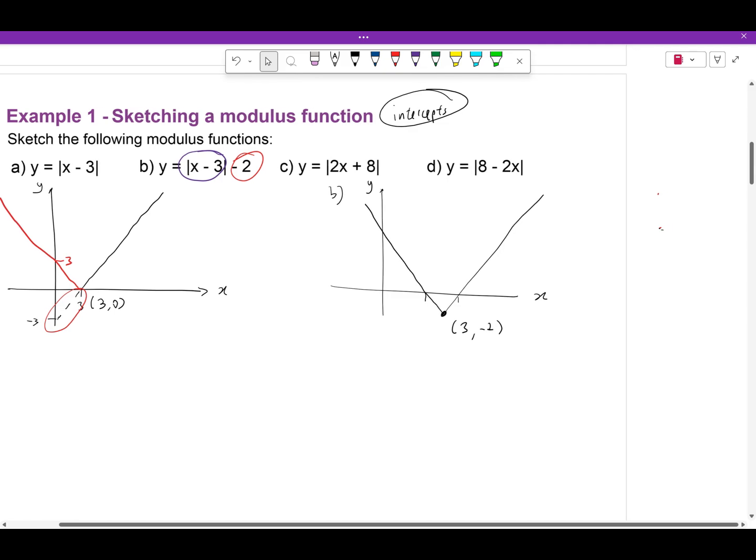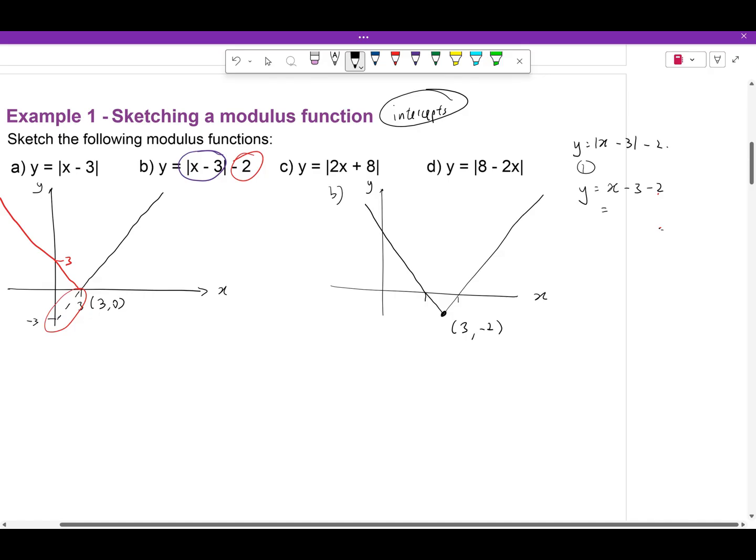Then how am I supposed to find the other point? I have to do a bit more working. So y equals absolute x minus 3 minus 2. This part is the most confusing, but let's do it. We have the first part, when everything is exactly the same, so x minus 3 minus 2.